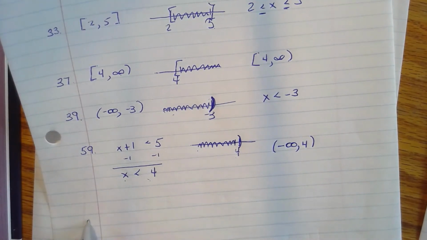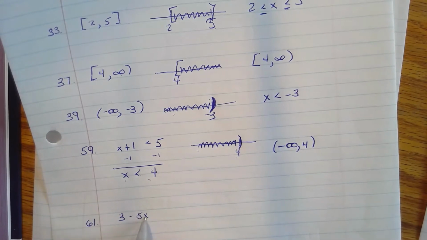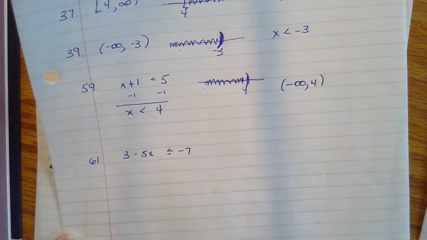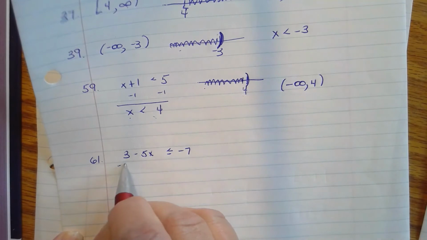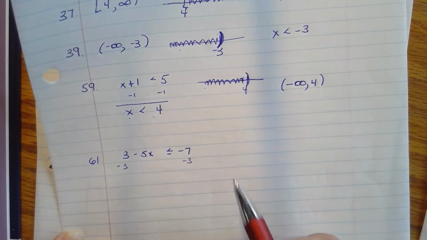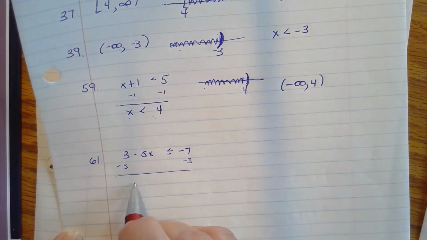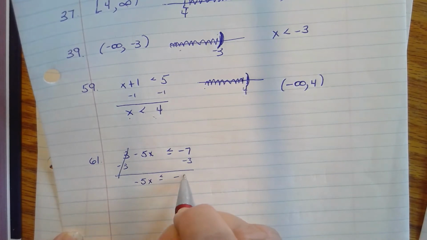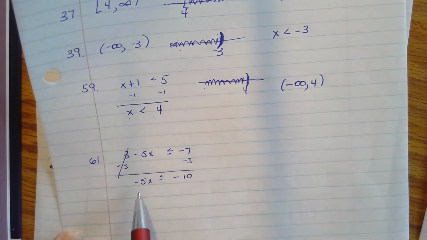Okay, we'll move on to number 61. Just like in equations, we're going to undo addition and subtraction first. So I'm going to subtract the 3 first. That zeroes out. Now I need to divide by negative 5. And this is the one part that's different than equations.